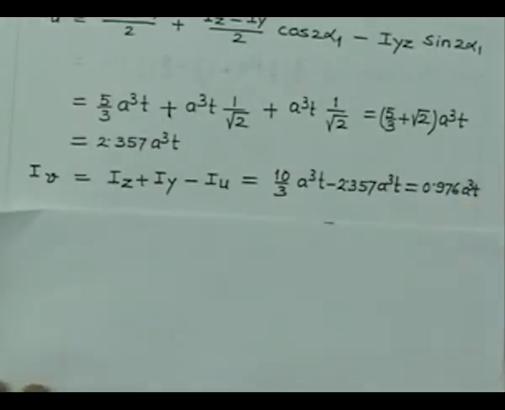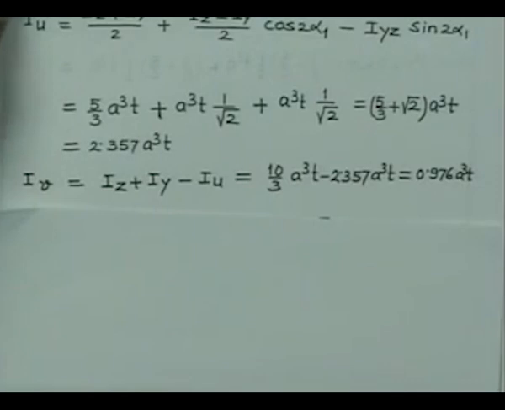So, that is the value of I V. So, we get both the principal moments of inertia. So, these are the steps to calculate the direction of principal axis of the cross section and the moments of inertia. Let us now try to go for calculation of stresses.